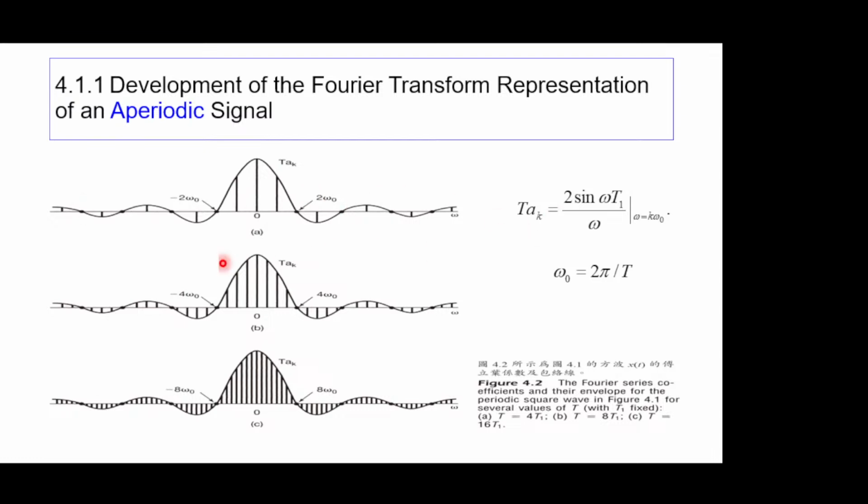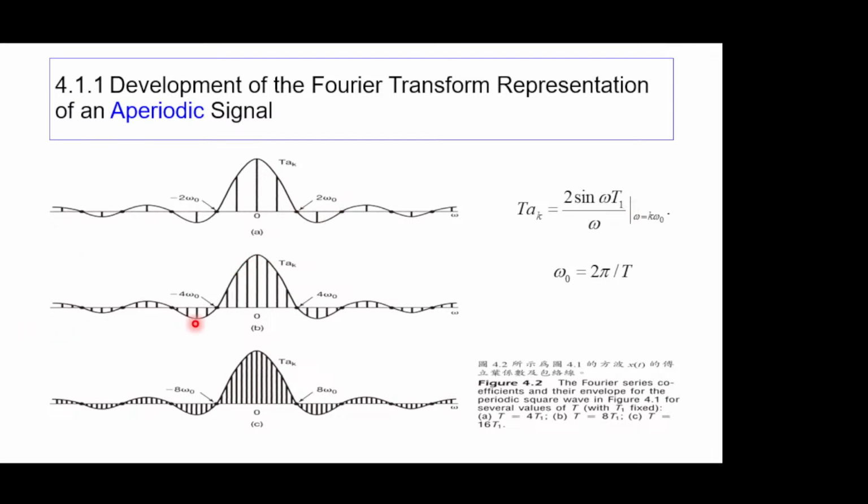So there is an enveloping function for those a_k, and this envelope, T a_k, doesn't change with your choice of big T. For example, this is the envelope function for the square wave. It's the sine over sine function. When you pick T larger and larger, you will have different a_k, but the a_k will be like samples on this function. So you are taking discrete points on this function, and those will be your a_k, for example a_1, a_2, etc.